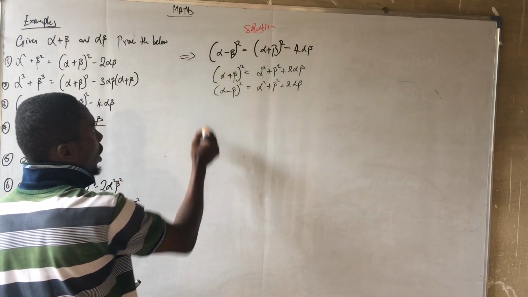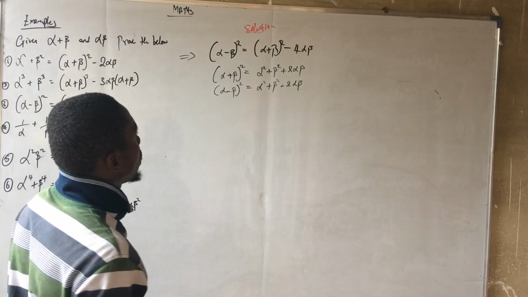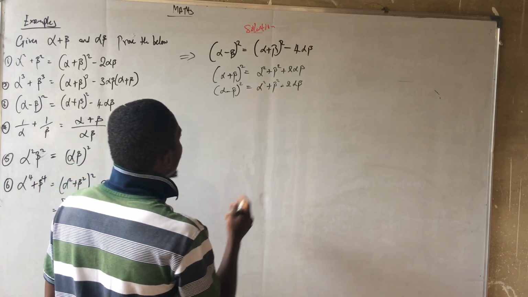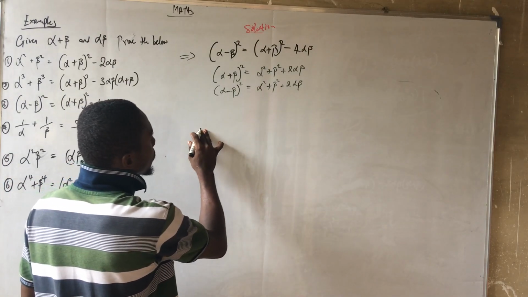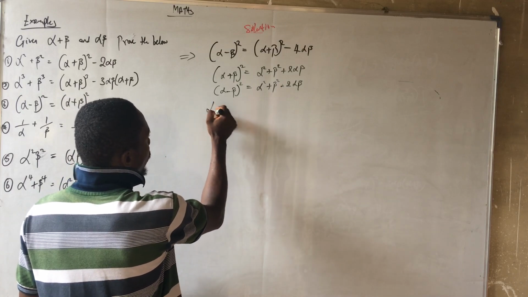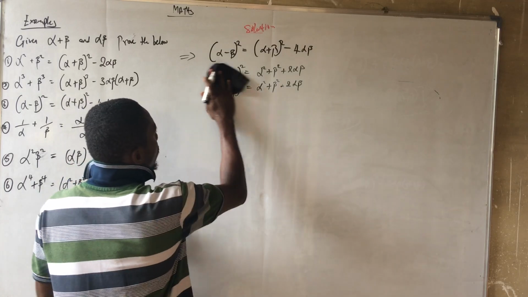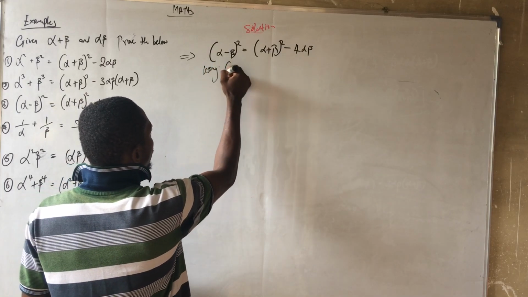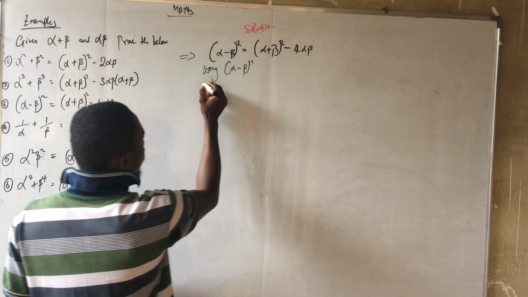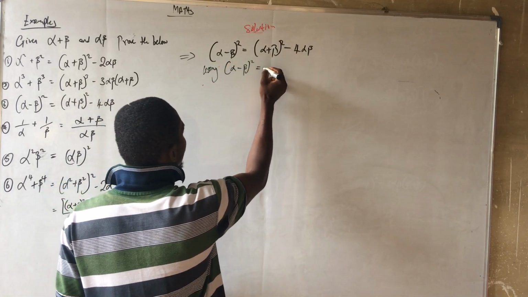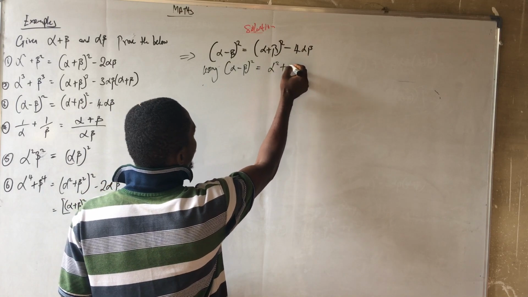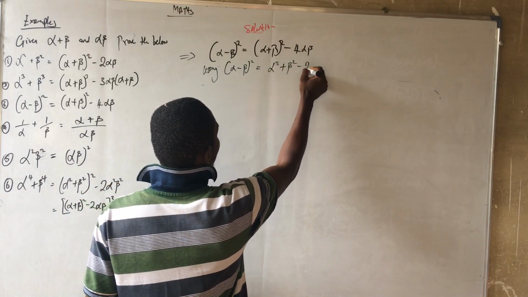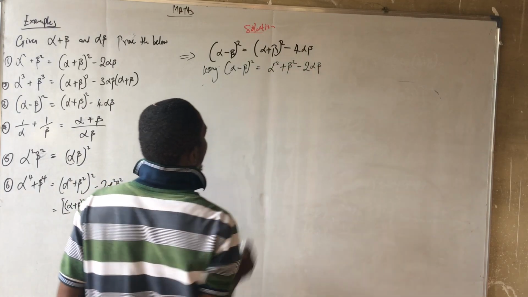So I prove from the right hand side. Using (alpha minus beta) square, I'll now have that equal to alpha square plus beta square minus 2 alpha beta.